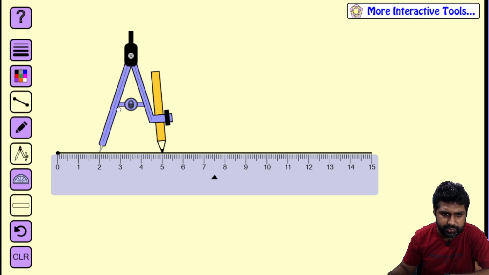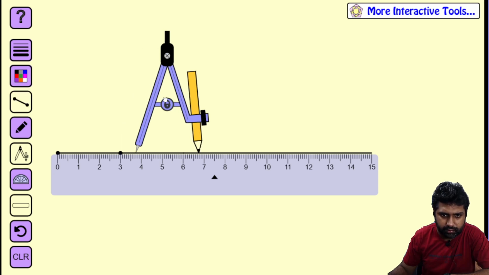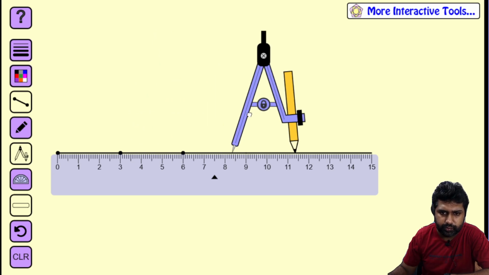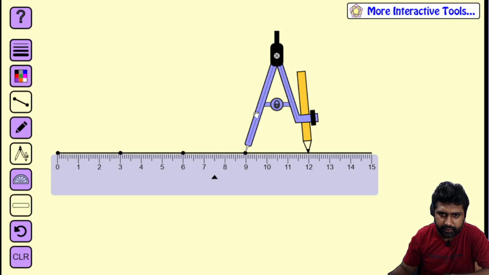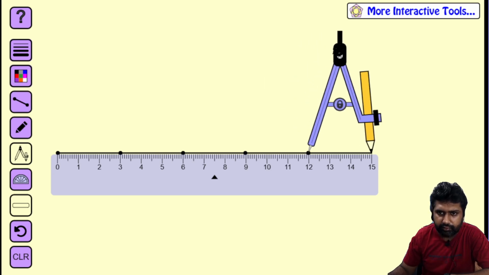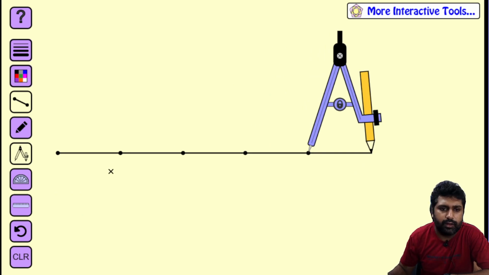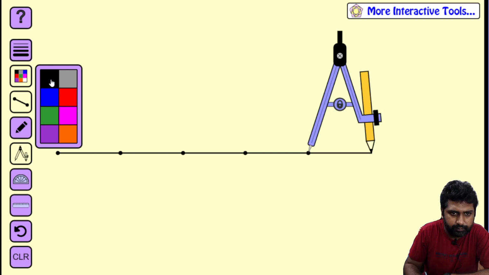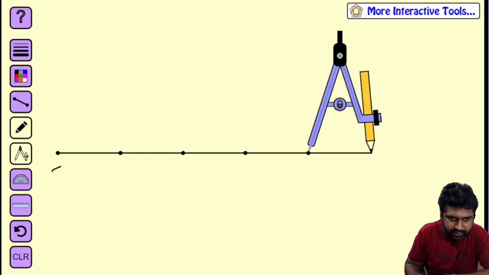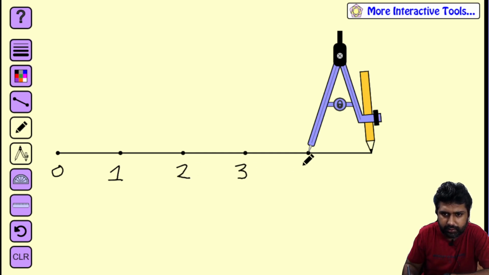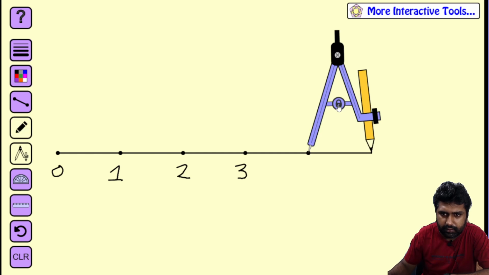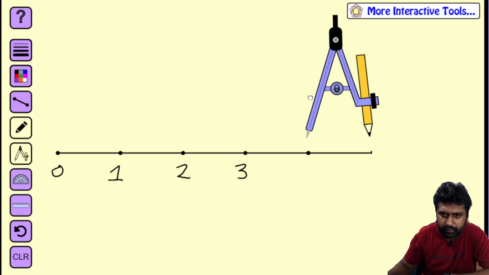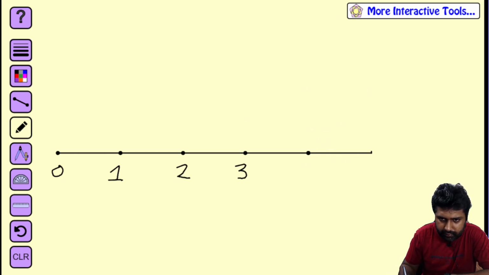Okay, so this is 0, 1, 2, 3, 4. All right, so let's mark them. 0, 1, 2, 3, and 4.